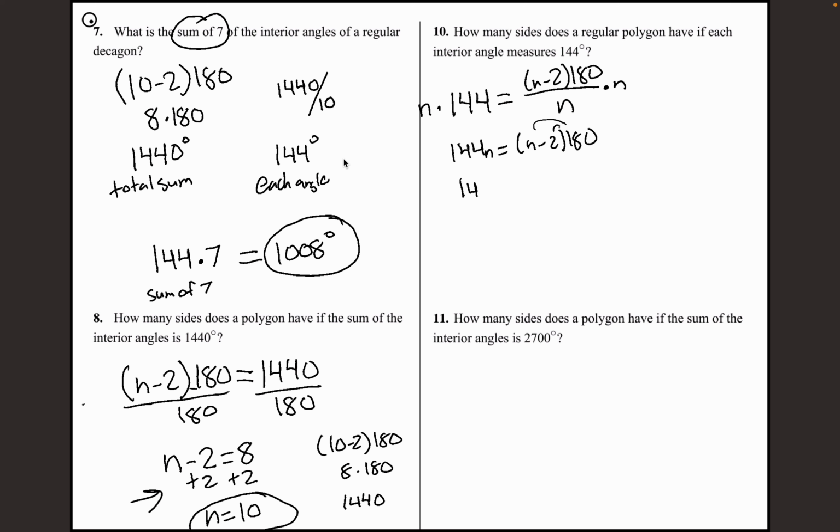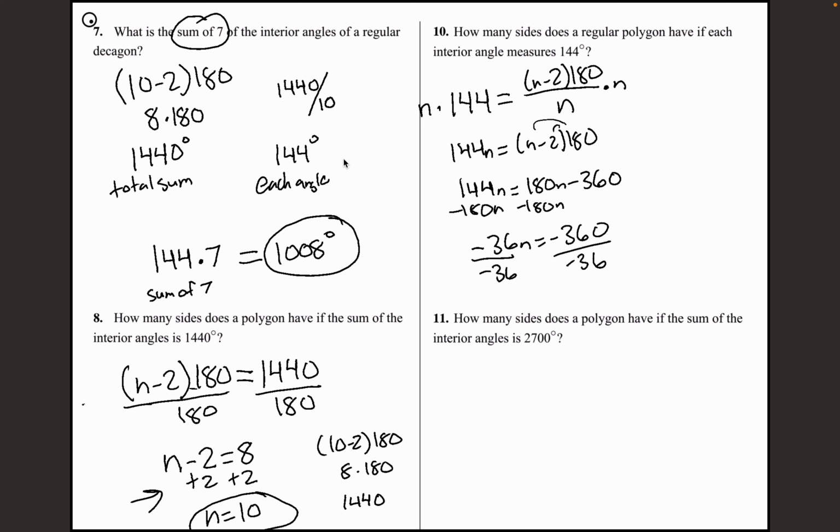Oops, I forgot the n here. 144n equals 180n minus 360. Now what do I do? Subtract the 180n. And what's 144n minus 180n? And now what do I do?